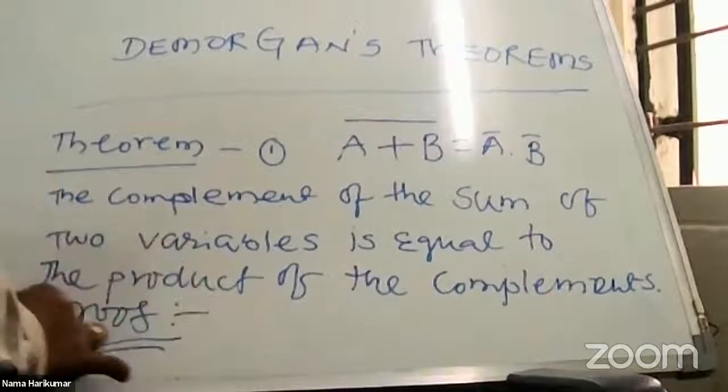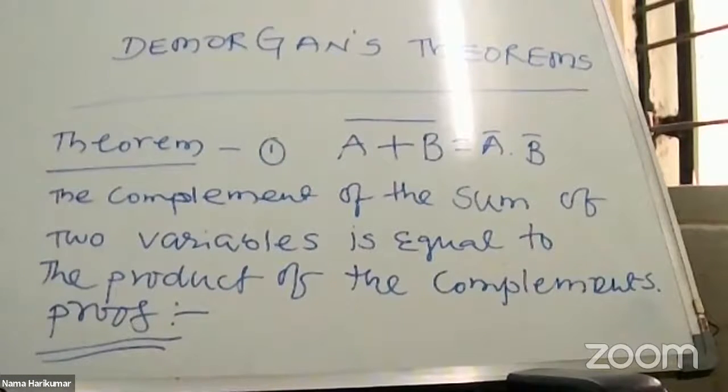In this proof, we have to prove LHS A plus B whole bar equals A bar dot B bar.